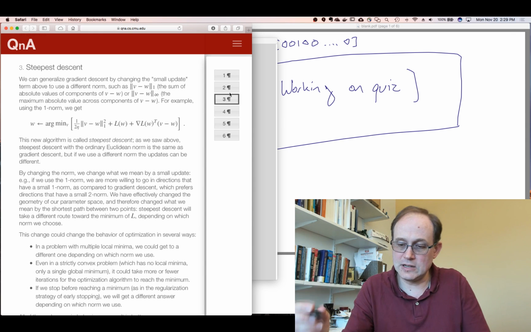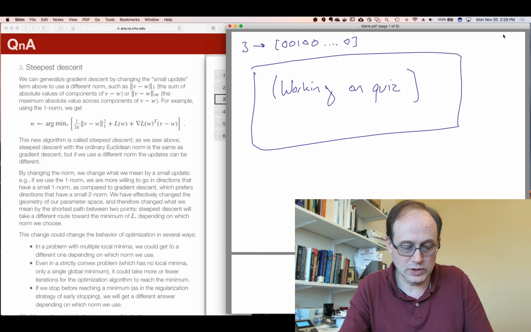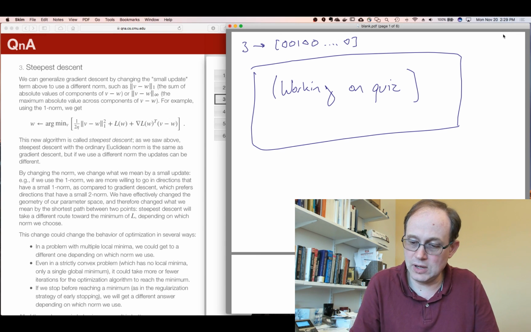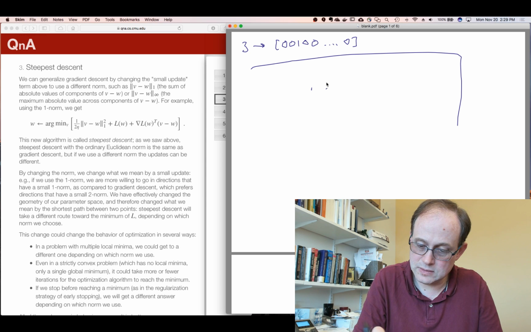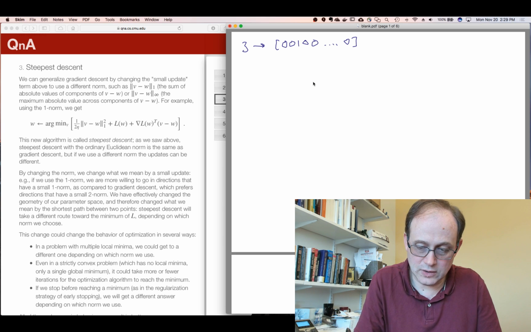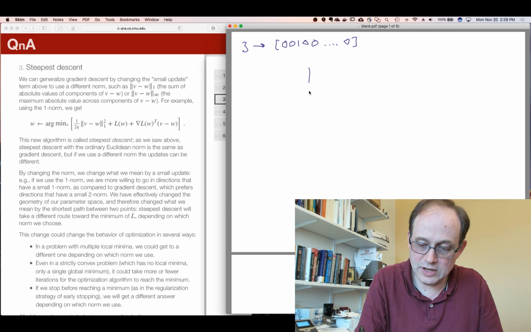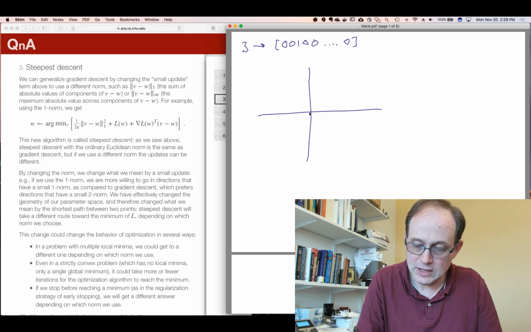If we look at that, we'll go ahead and get rid of this so we have some space. Here's an axis. Let's put our current parameter vector w at the center.